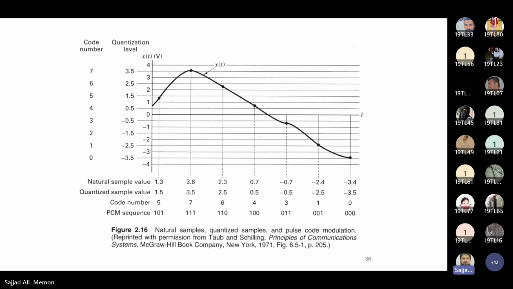Then we have to convert them into their binary equivalents. That is, 5 is equal to 101 on the 3-bit scale. 7 is 111, 6 is 110, 4 is 100, 3 is 011, 1 is 001, and 0 is 000. So every sample of this particular example will be transmitted using 3 bits.